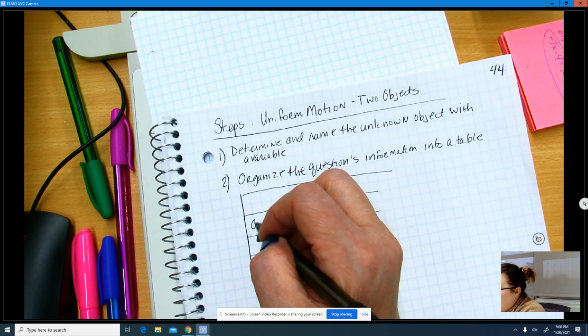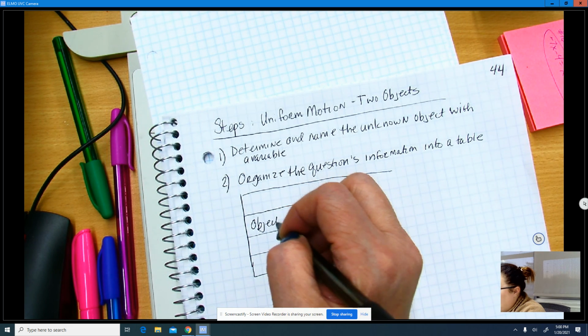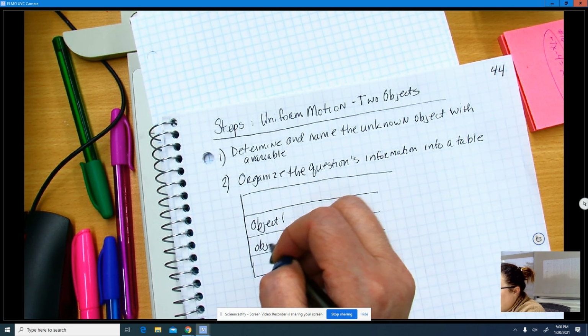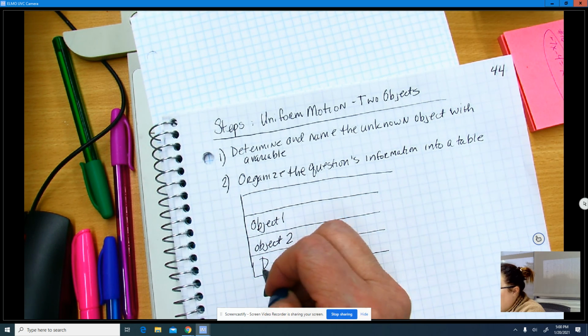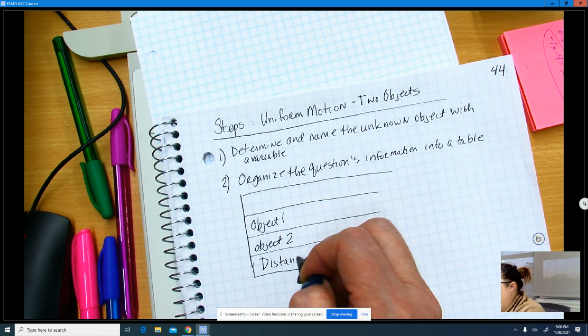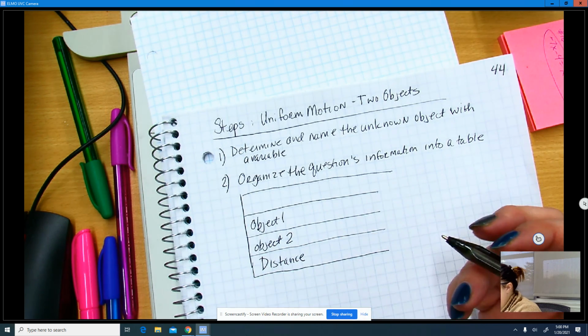So we're going to have object 1, object 2, and of course if we have more than 2 objects, we're going to need more of those. And lastly, we're going to have not so much a total, but a distance.